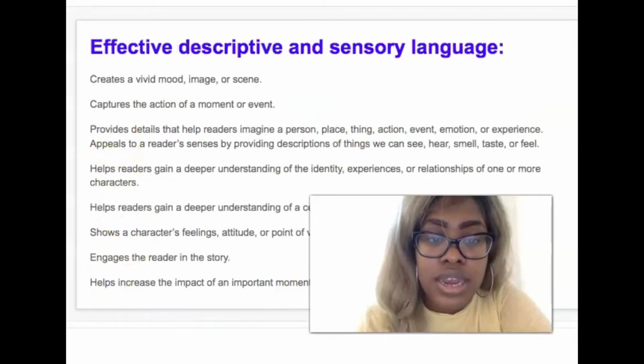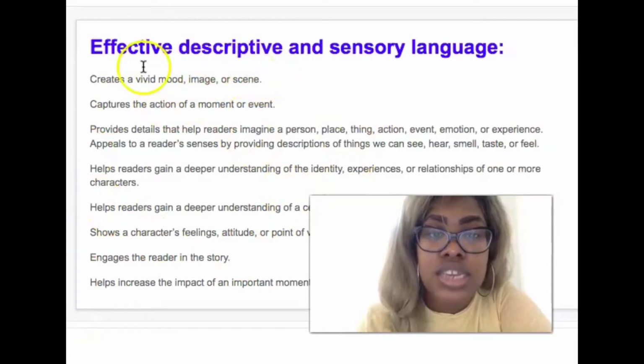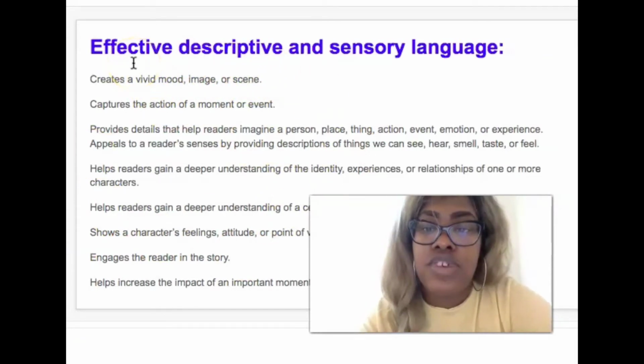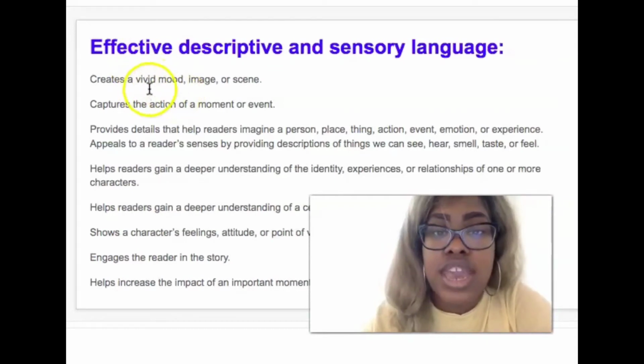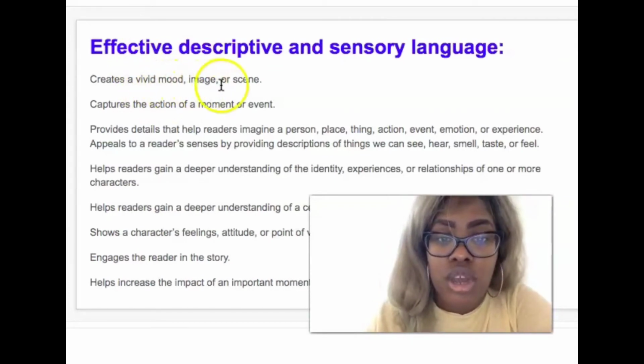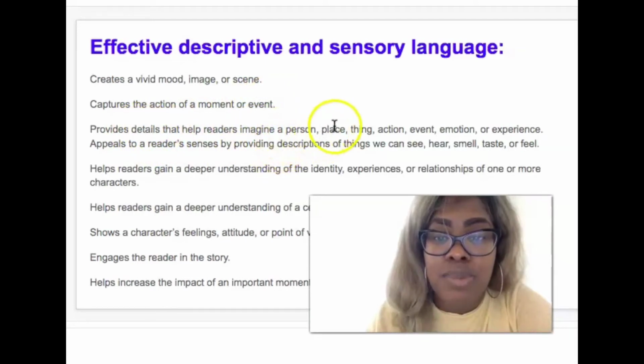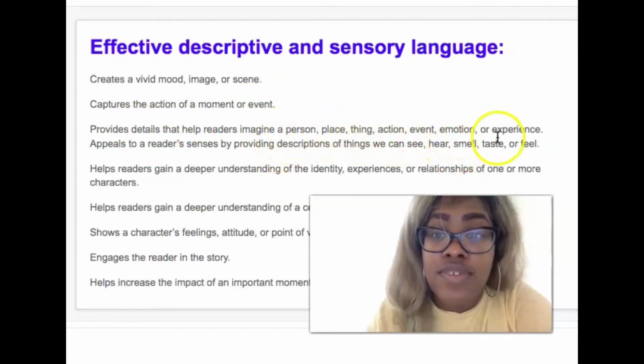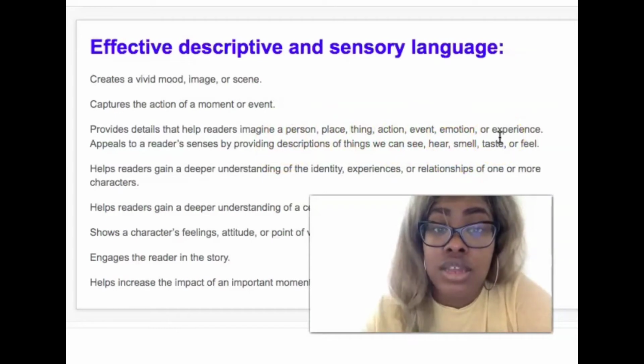Remember, when we are looking inside of our text or inside of our poem, we're looking to have effective, descriptive, sensory language. So we want to make sure that it creates a vivid mood or image, that it captures the action of a moment or an event that's taking place, and that it provides details that the readers could imagine a person, place, thing, or action, or even an event or emotion or experience.